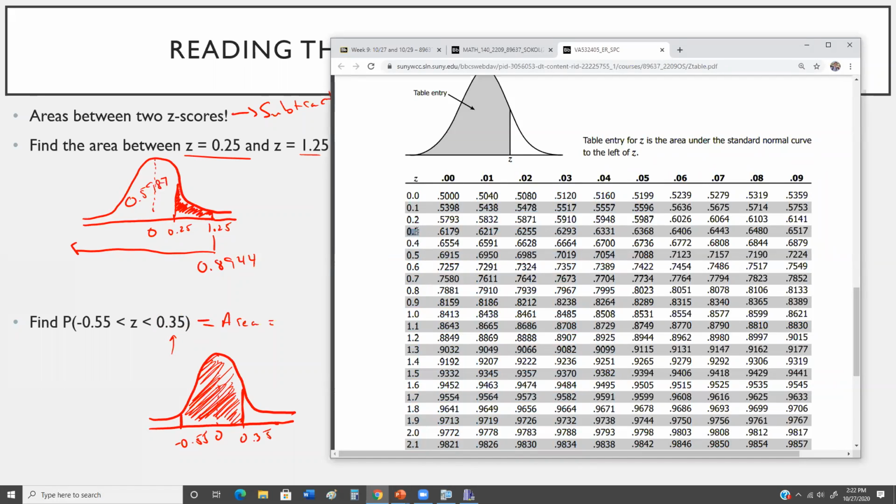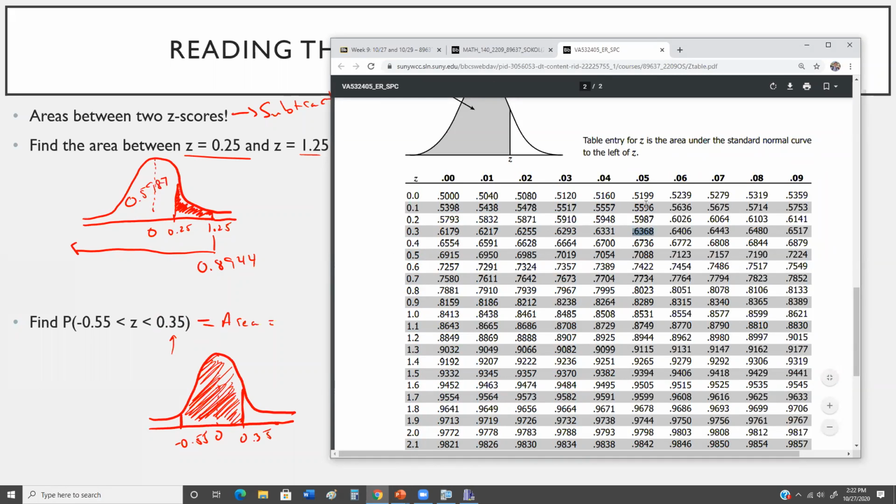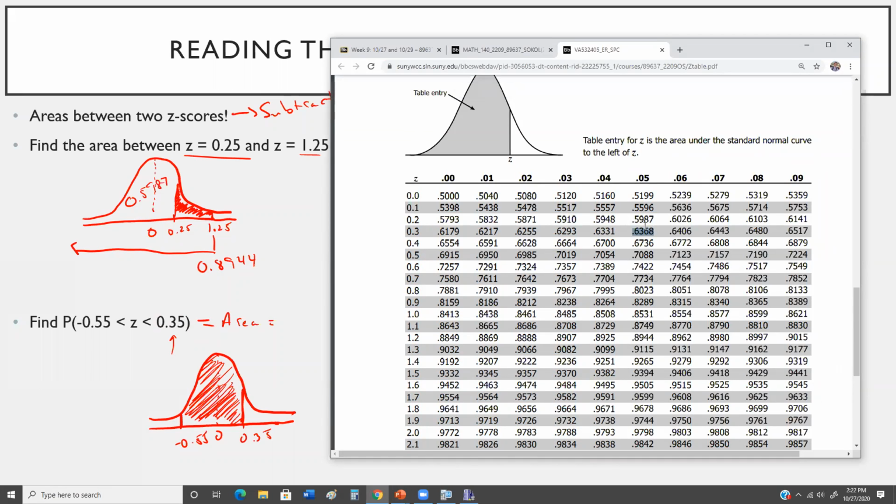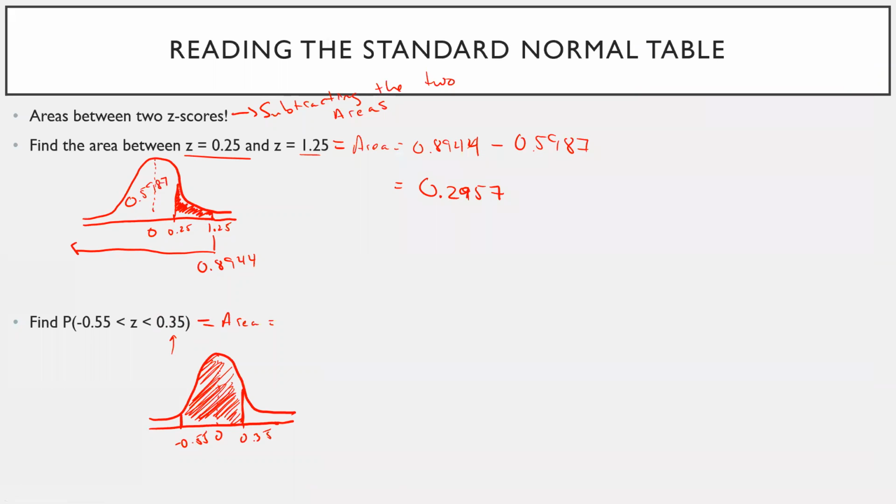So here's 0.3 is the first two digits. The 5 is over here, so 0.35. You should get 0.6368. And you're going to subtract away.